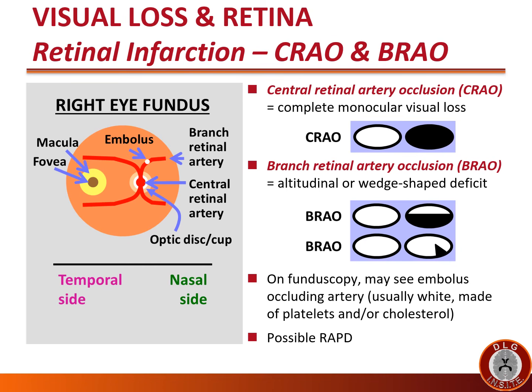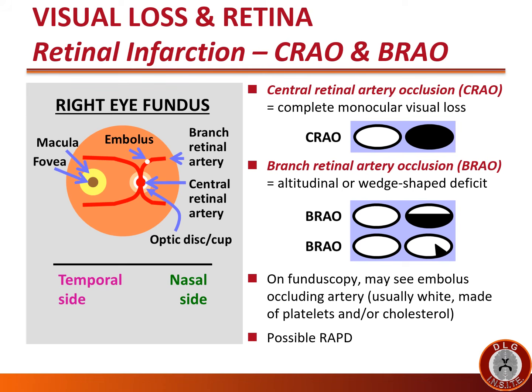In the cartoon on this slide, an embolus is in that superior-nasal branch. That leads to the wedge-shaped deficit, the inferotemporal deficit seen in the bottom cartoon on the right. However, if the embolus had stopped to include the entire upper branch of the retinal artery, the patient would have an inferior altitudinal defect.